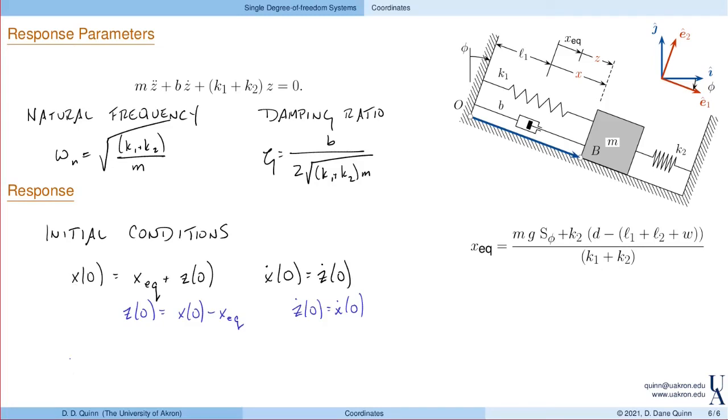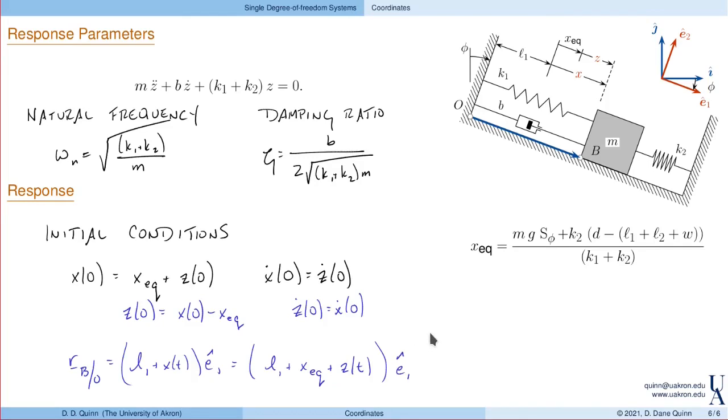And of course, the overall response is L1 plus x, or in terms of z, L1 plus the static displacement, again given here, plus then z of t, again in the E1 direction.